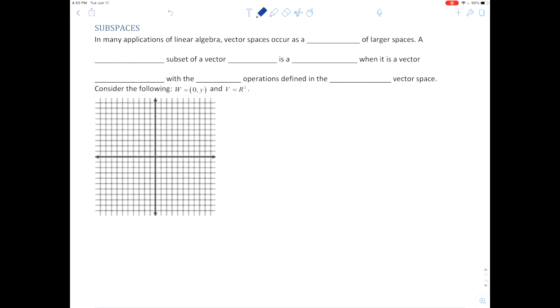Cool? And so subspaces. In many applications of linear algebra, vector spaces occur as a subspace of larger spaces.